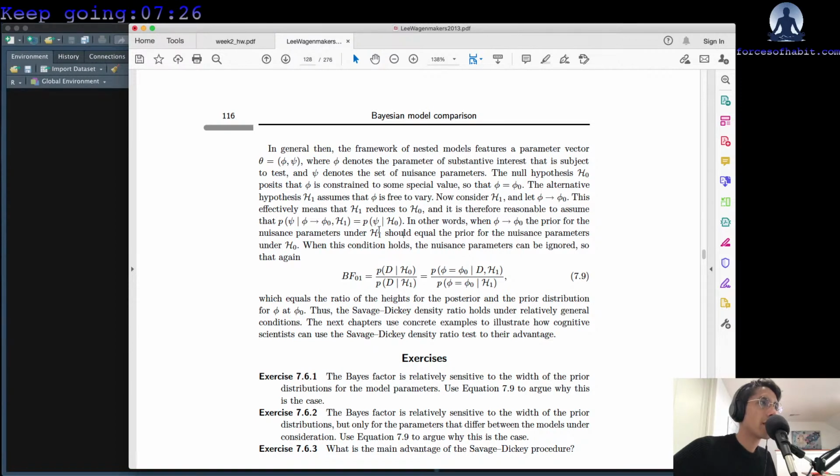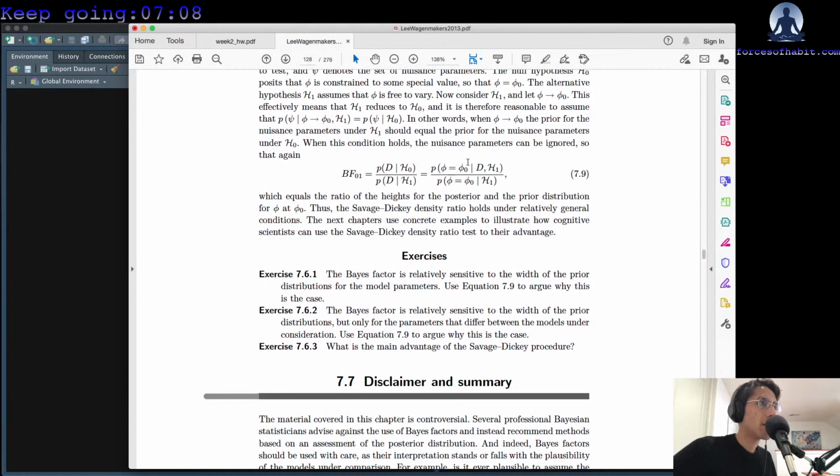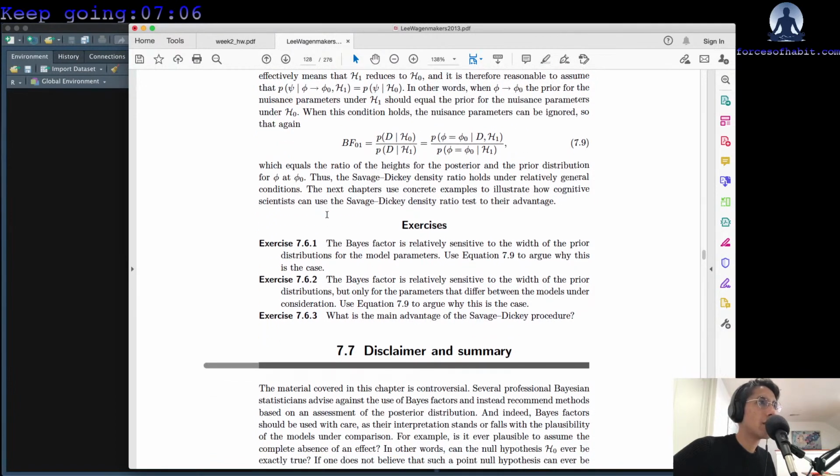This is essentially saying that because we're only looking at differences between these things, all the other parameters in the model, as long as we didn't change anything else, in the limit, hypothesis 1 is looking at the same thing. And we can ignore all other parameters in the model and only compare those two things.